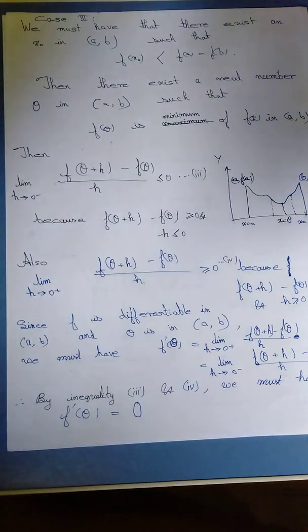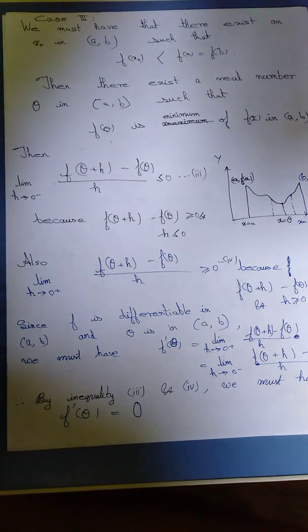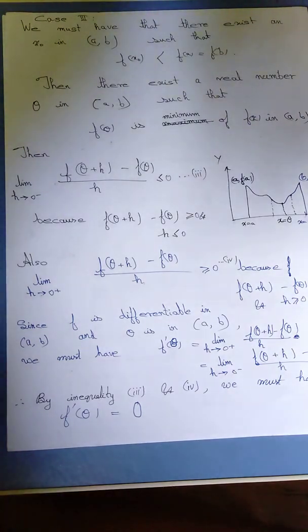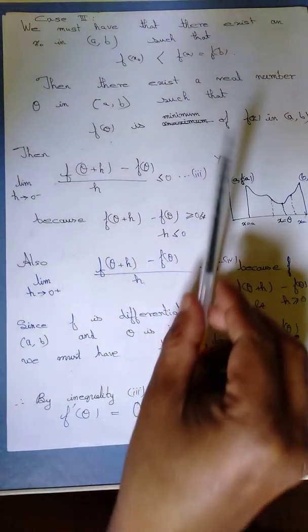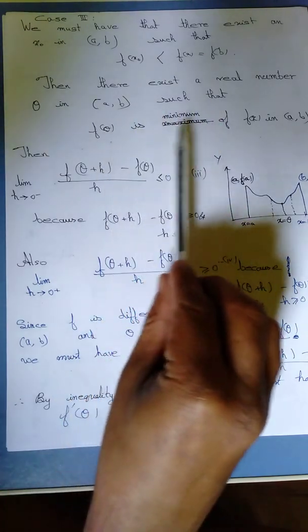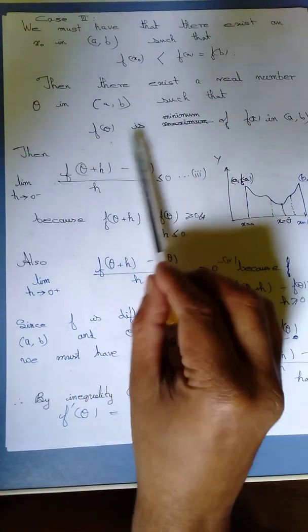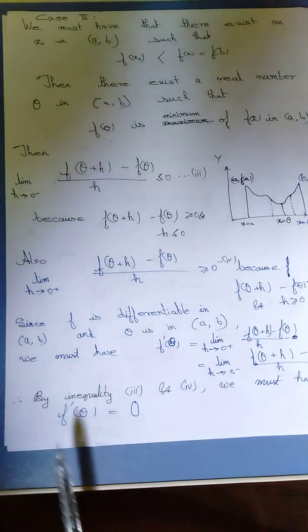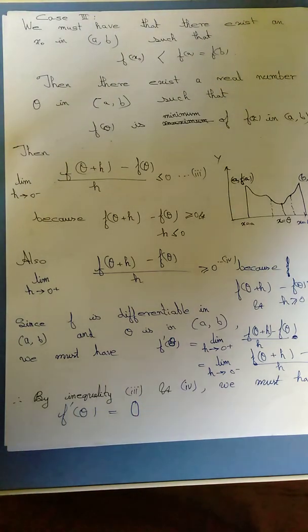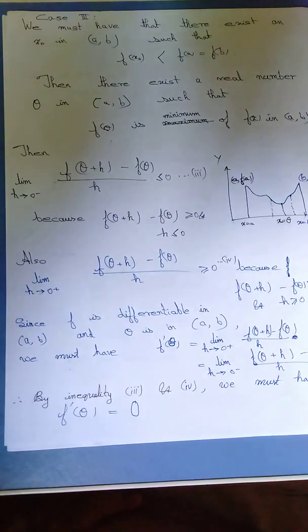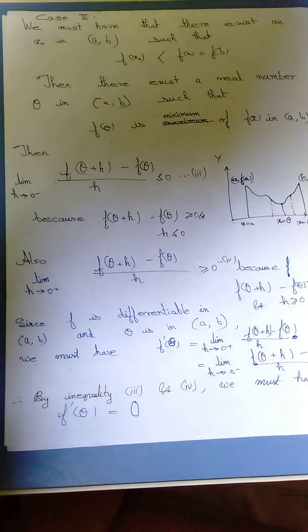In the third case, corresponding to the minimum value of f(x), there exists a real number theta such that f(theta) is minimum, so corresponding to the minimum value of f(x), you must have f dash theta equal to 0. In each case, you have f dash theta equal to 0, and you have found one such theta. In fact, theta corresponds to the maximum value of f(x) or the minimum value of f(x). Thank you.